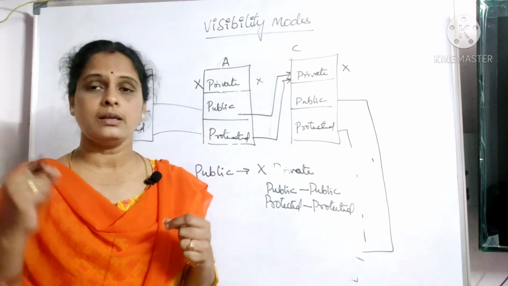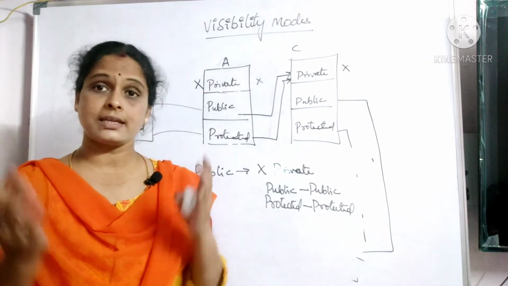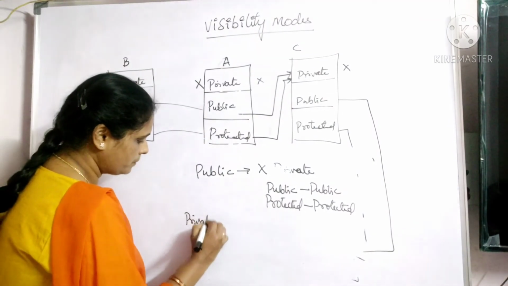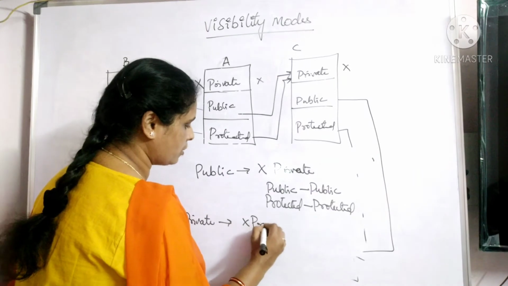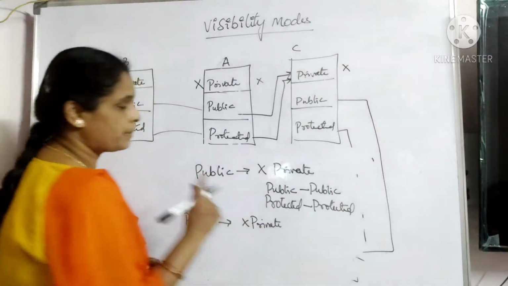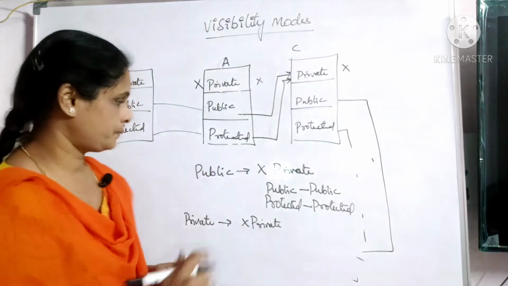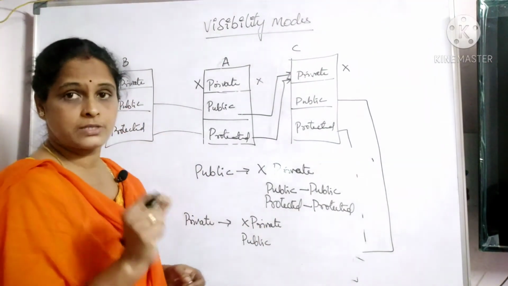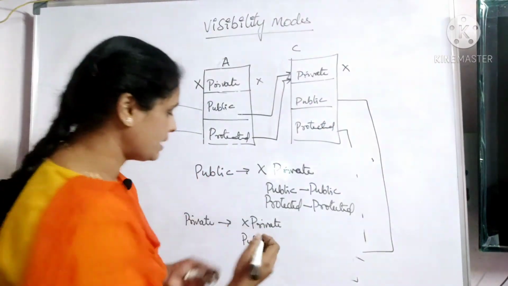Coming to the next one, suppose I inherit using private mode. Then of course the private members of the base class cannot be used. Second thing, public members of the base class will become what?